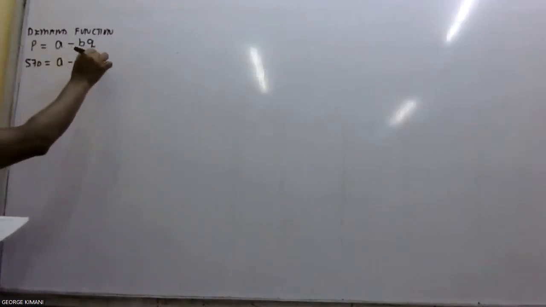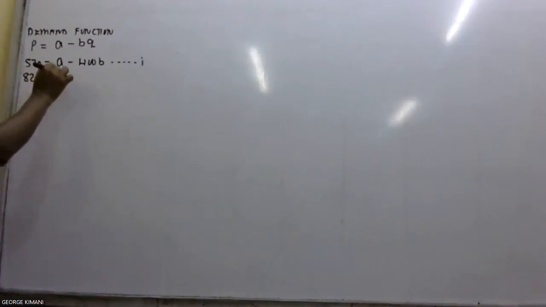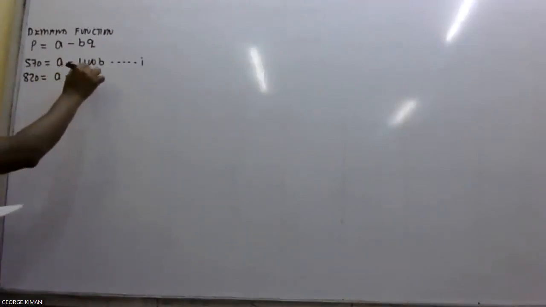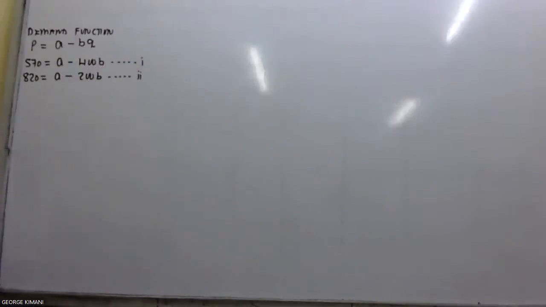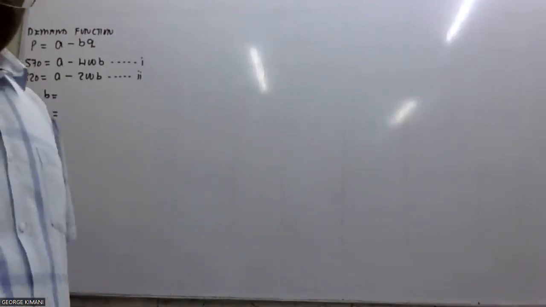So 400B. That is equation number 1. But if you increase the price to 820, demand goes down by half to 200. So I want you to solve those two equations and tell me the value of B and the value of A. Solve the two equations on your own. Tell me the value of B and the value of A.